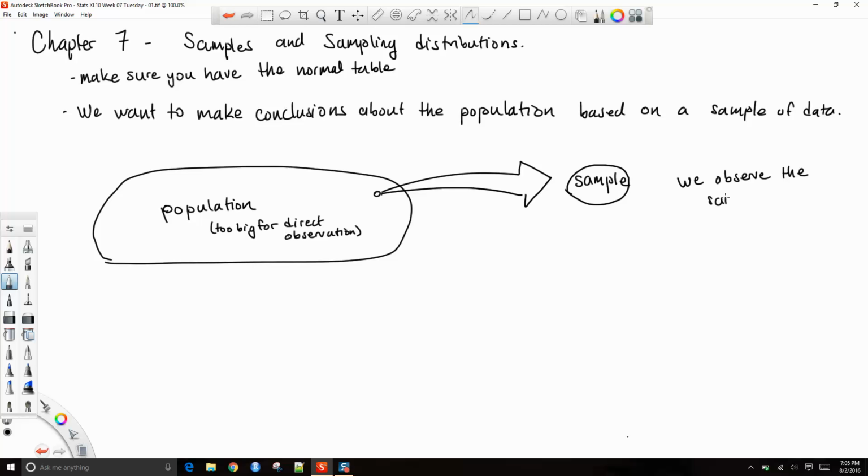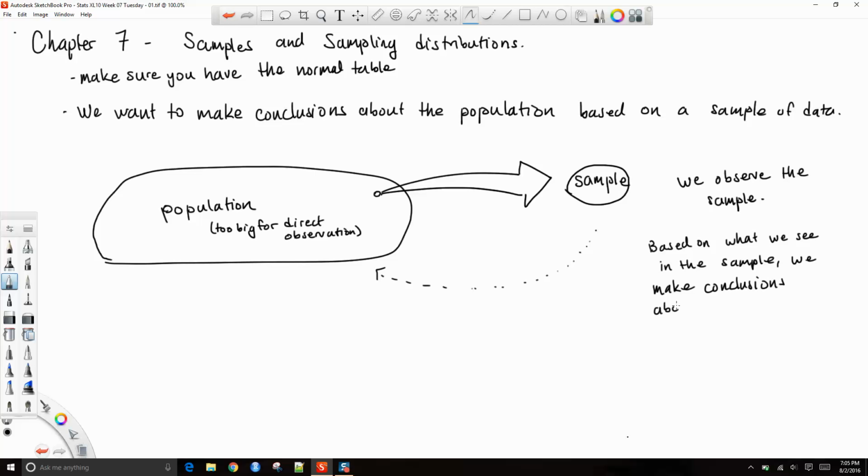Okay, and based on what we see in the sample, we make conclusions about the population. All right, and so this process is statistical inference.